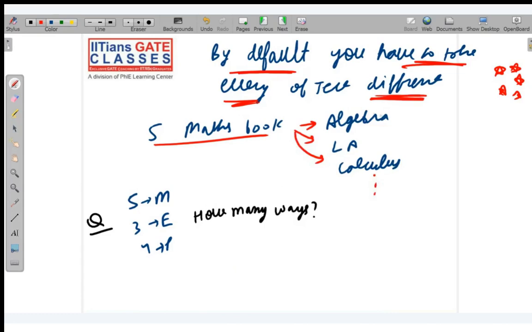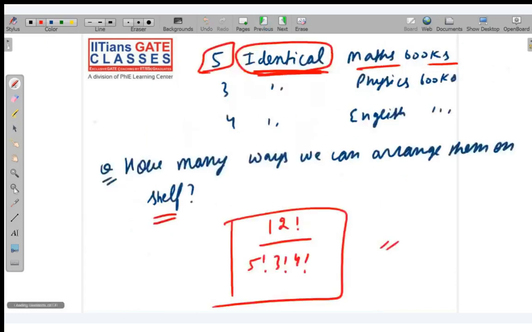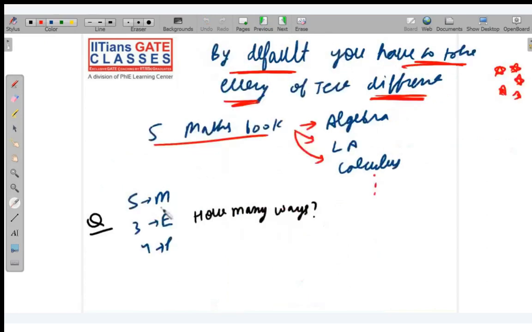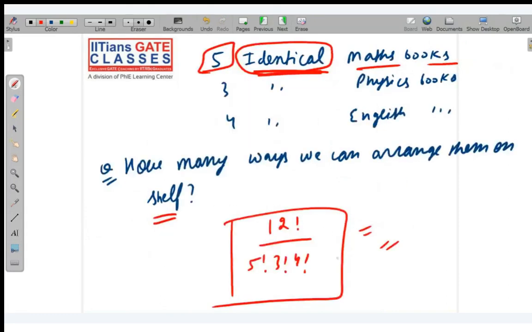Only when they properly mention the word identical in the GATE exam will you consider them as identical. Otherwise, you will never consider them as identical. For example, if the question is 5 maths books, 3 English books, 4 physics books, how many ways to arrange them? Simply, 12 factorial. But in the previous slide, the answer was 12 factorial divided by 5, 3 and 4 factorial, because the word identical was given.